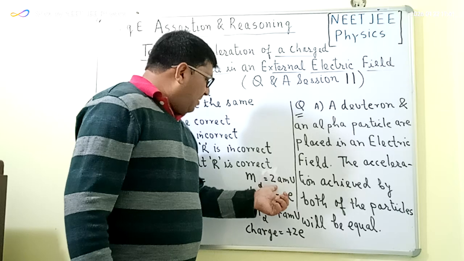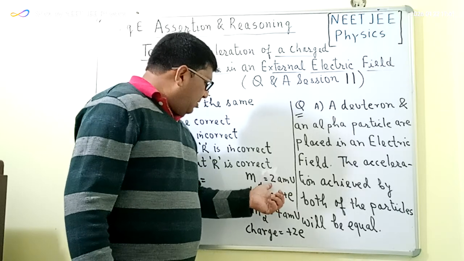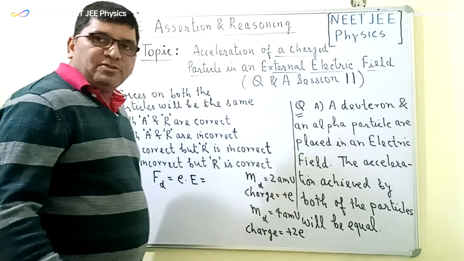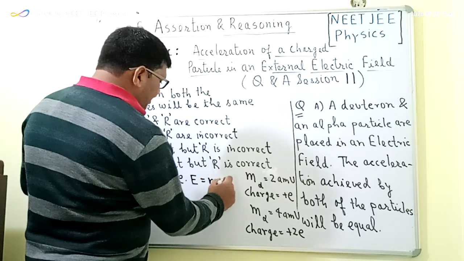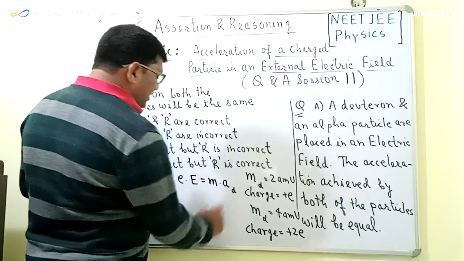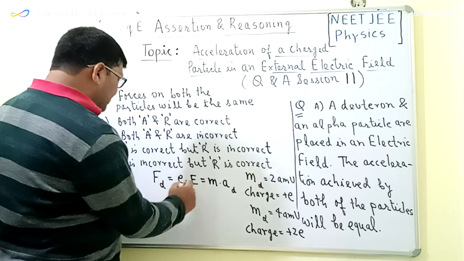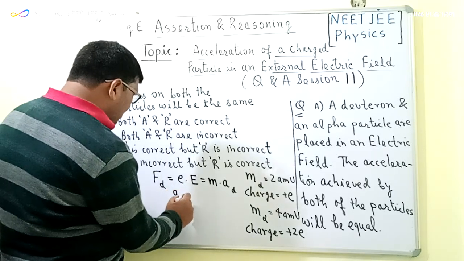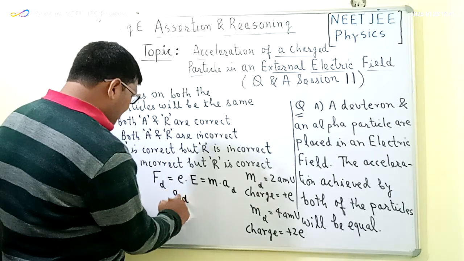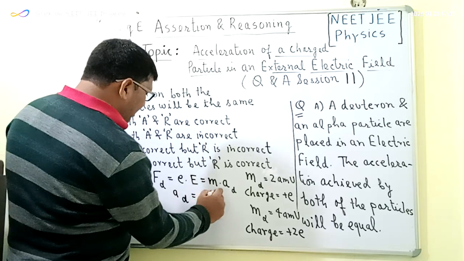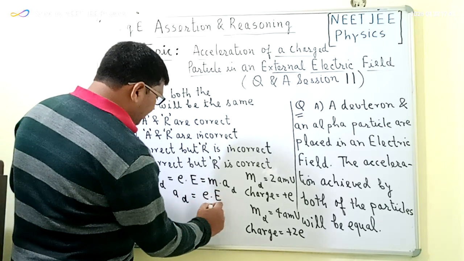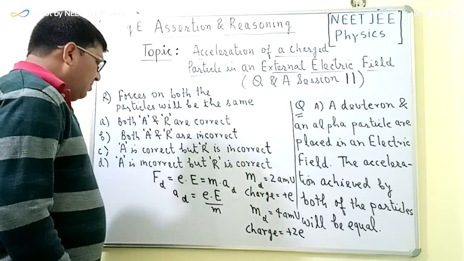Let us consider the mass of the deuteron equal to small m, and ad is the acceleration of the deuteron. So the acceleration of the deuteron will be equal to small e multiplied by capital E divided by m.